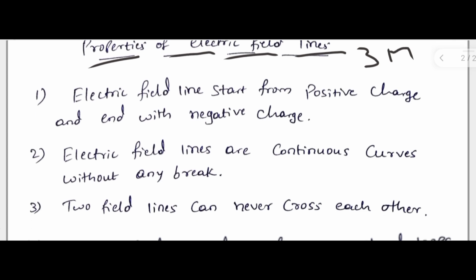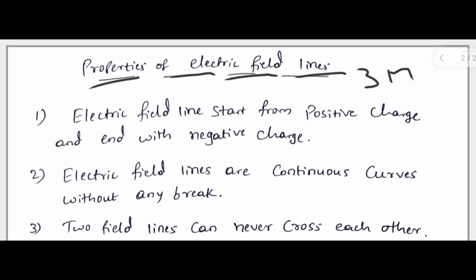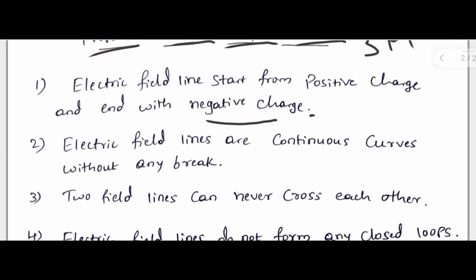The first one is: electric field lines start from a positive charge and end at a negative charge. Always, if there is a combination of charges, the field lines start from the positive charge and end at the negative charge. This is the first property. Next: electric field lines are continuous curves without any break.